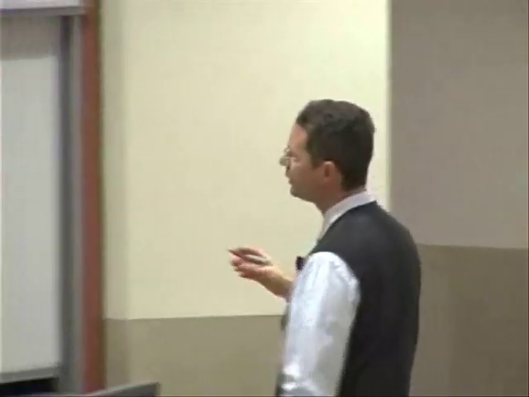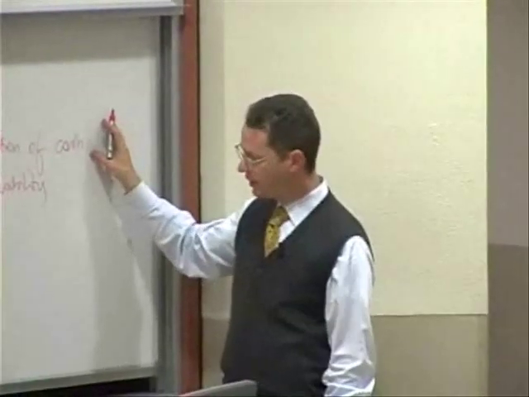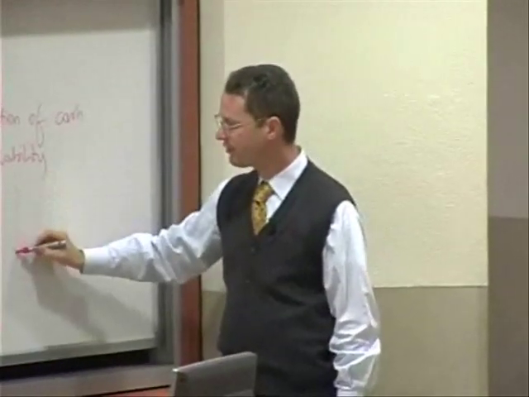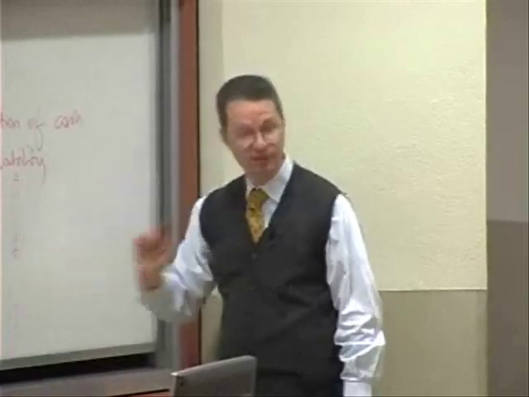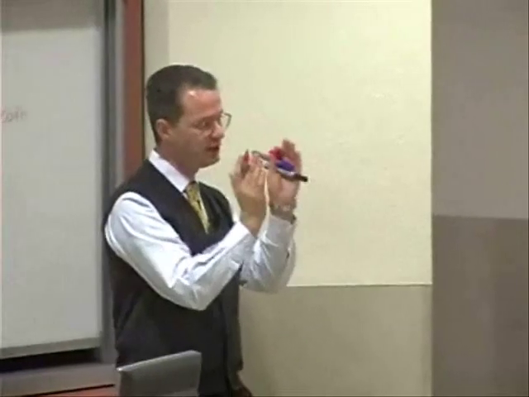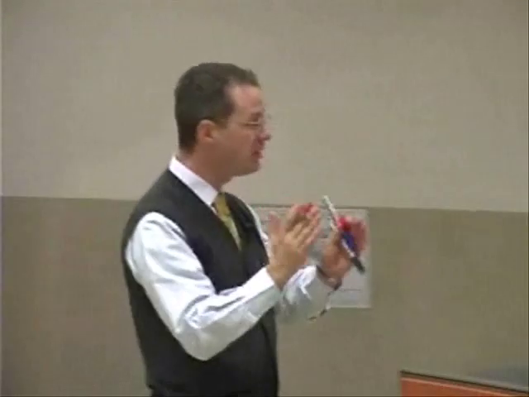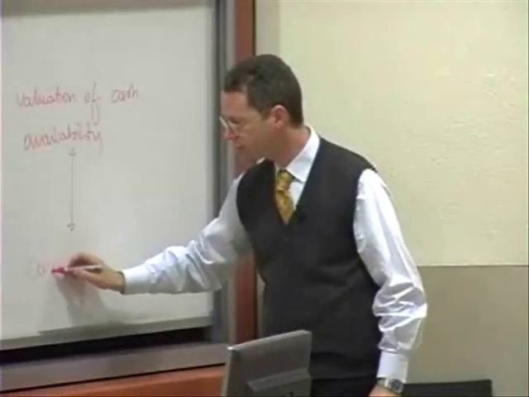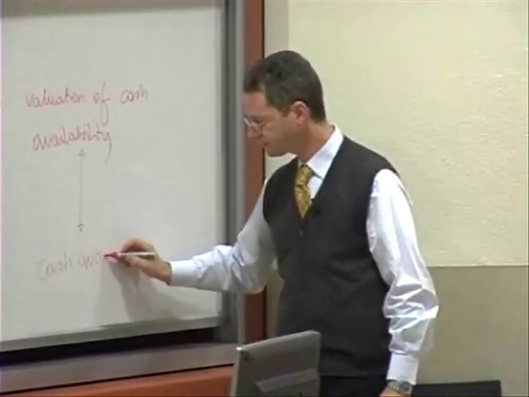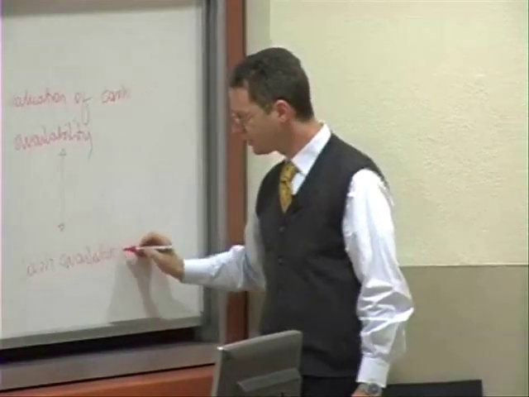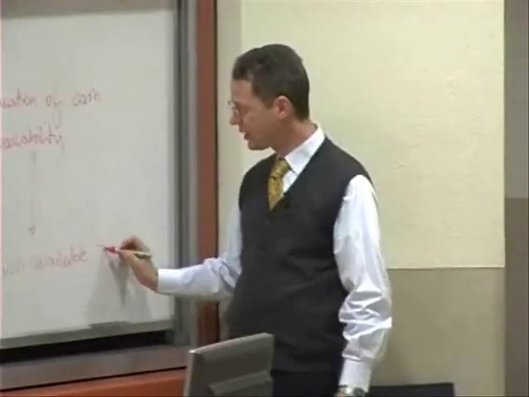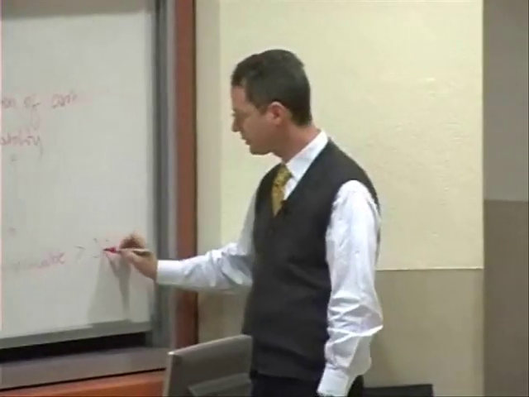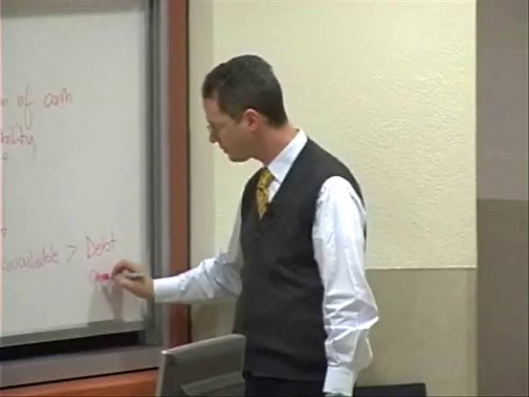So, essentially, the valuation of cash availability is necessary to verify if during all the years where the loan will be repaid, the cash available from the project is strictly higher than the debt service for that specific year.